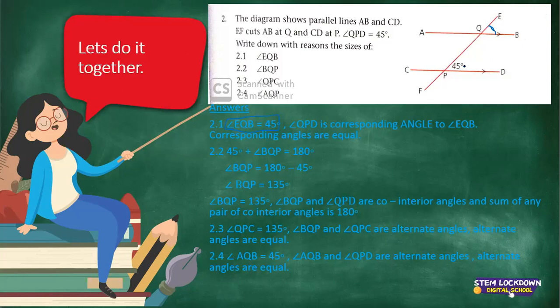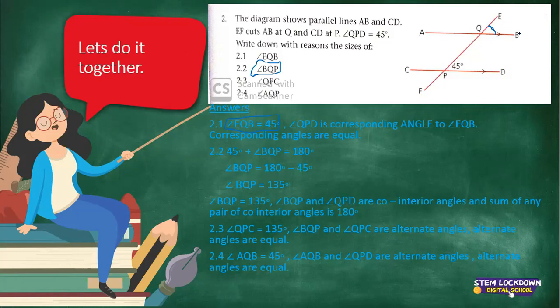All right, so let's move on to 2.2. We must find the size for angle BQP. So where's our BQP?